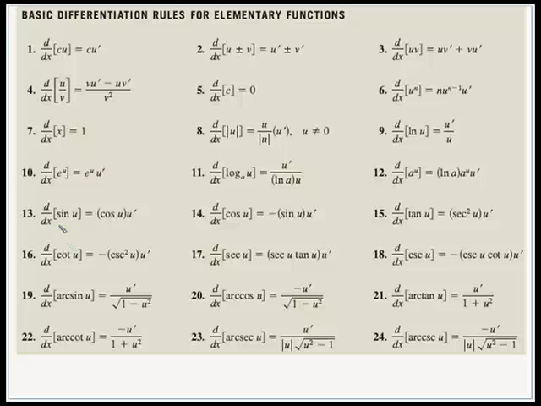Here's our sine and cosine and tan functions. Now we add to these our new inverse trig functions, and here we now have 24 basic rules for the differentiation of elementary functions. You know, these are things you are going to have to memorize and know forward and backward, especially for that AP test. Enjoy.